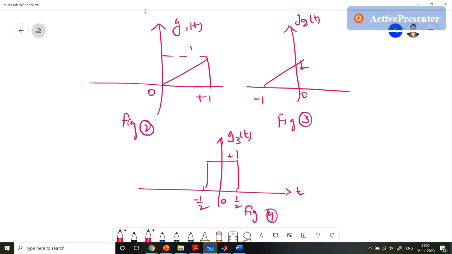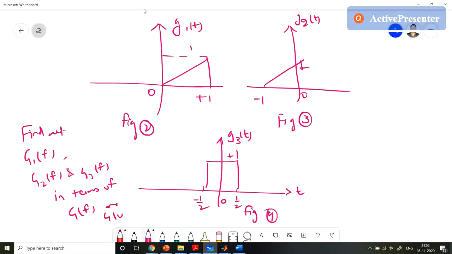So these three figures are given. Now find out G1(f), G2(f) and G3(f) in terms of G(f) or G omega, because G omega is given, so better to take G omega. So we need to find G1 omega, G2 omega, G3 omega in terms of G omega.